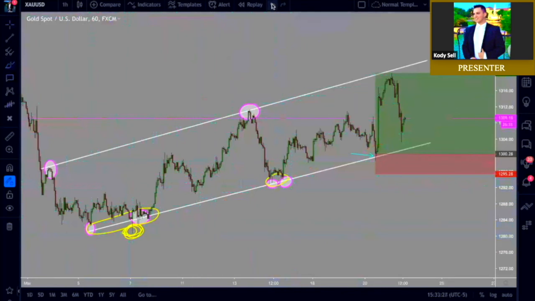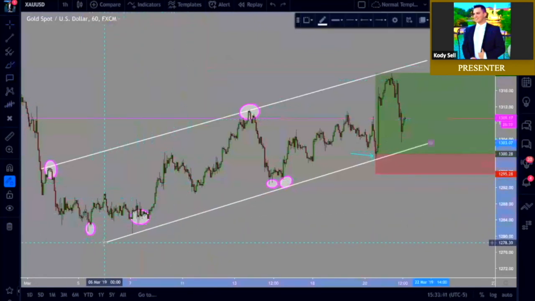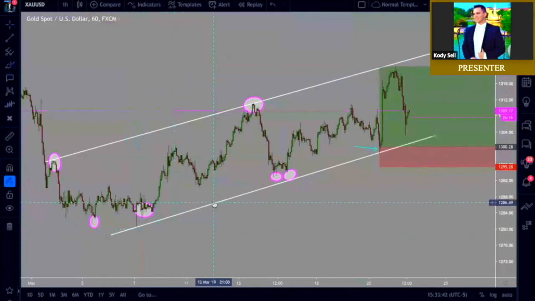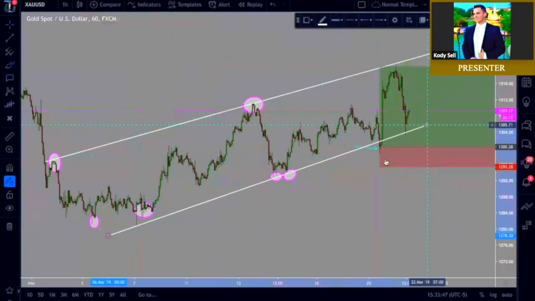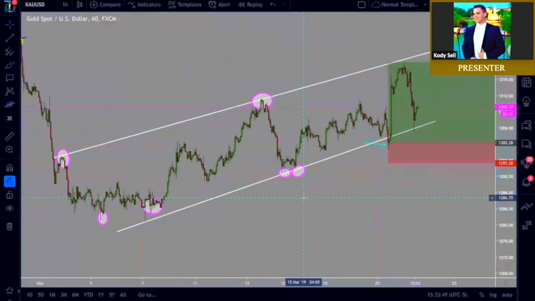So why did I ignore the wick down here? Well, part of it is understanding, again, that flow of the channel, understanding where the true support really lies. If you look at this area, and if I bring this out to this wick down here, is that really where our support is? And I guess I should bring this side in a little bit too. Is that really where our support is?